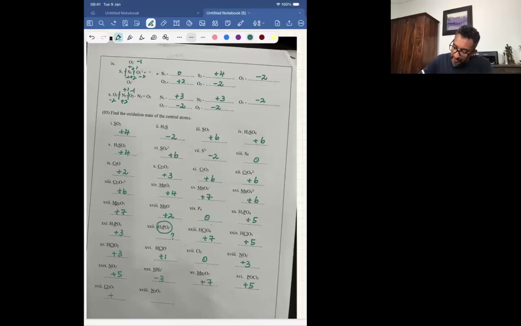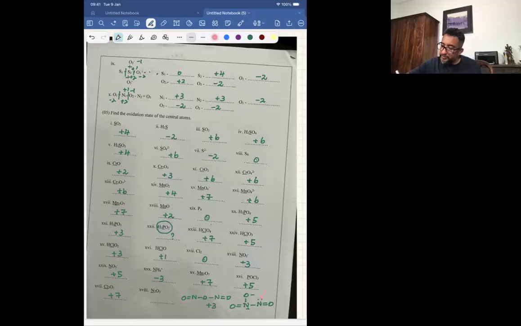POCl3, 2 plus 3, 5, plus 5. ClO2, Cl2O7 plus 7. N2O3, there are two structures. If you look at the symmetric structure, it will be plus 3. If you look at the asymmetric structure, you have two answers.